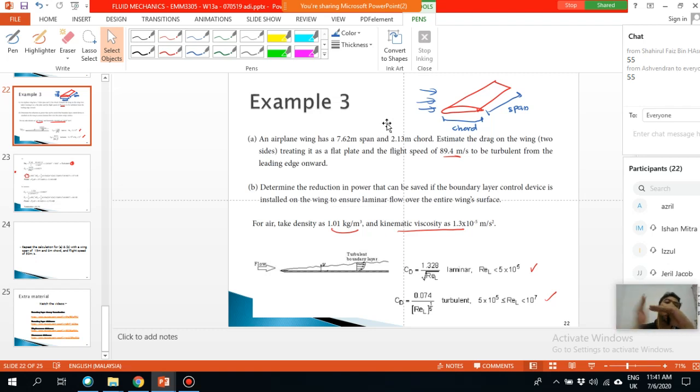So you take the chord, you cannot take the span. The span is your length only if the flow is from there. Now your flow is from this area, normal, so your length is the chord.